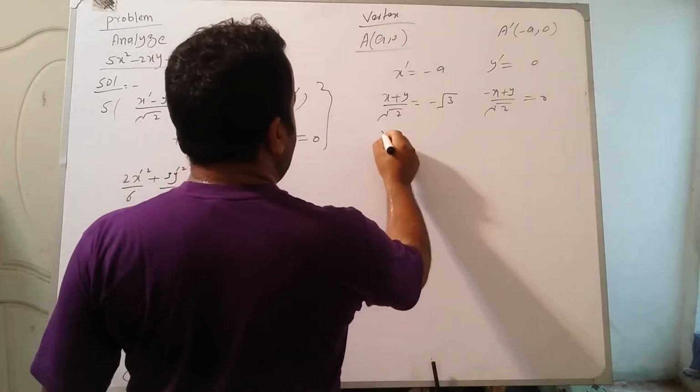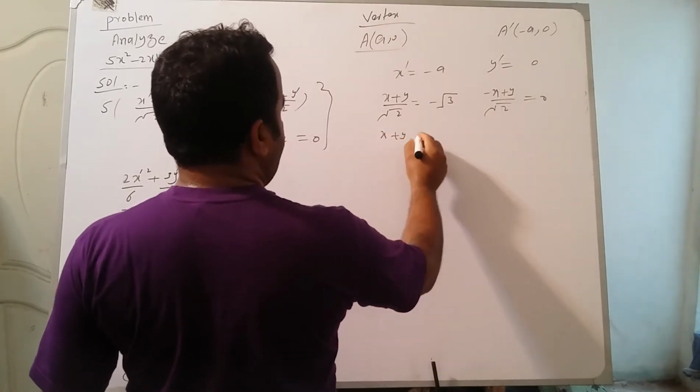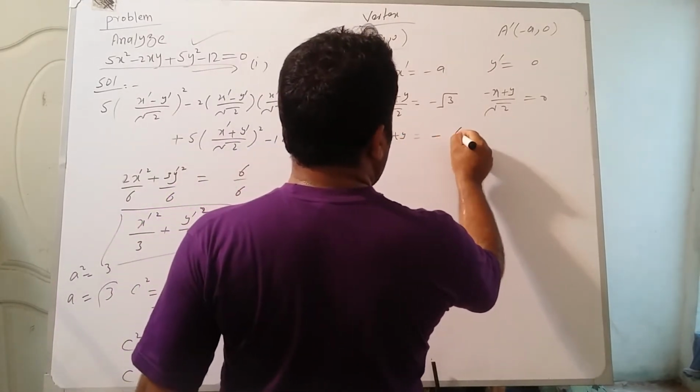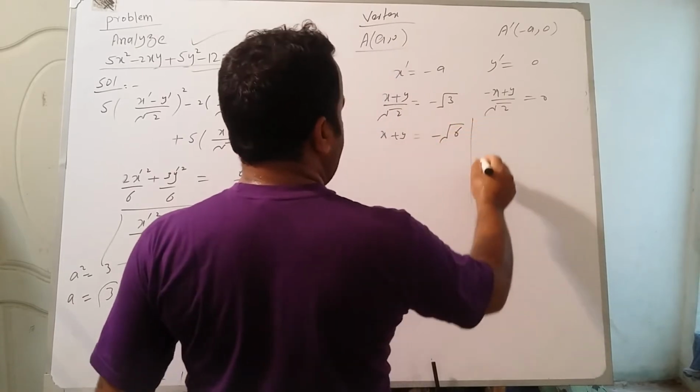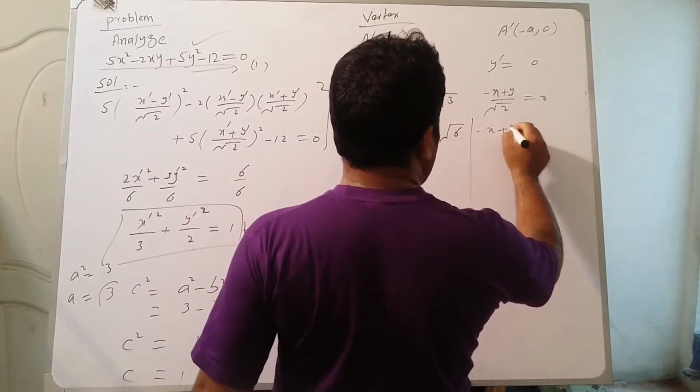So x plus y is equal to minus root 6, and here minus x plus y is equal to 0.